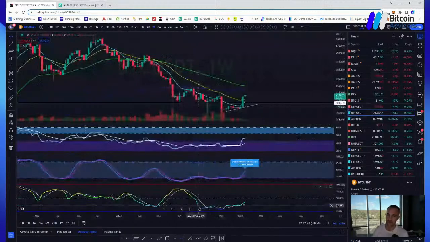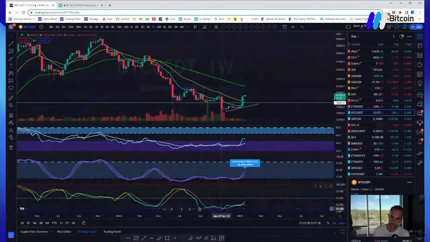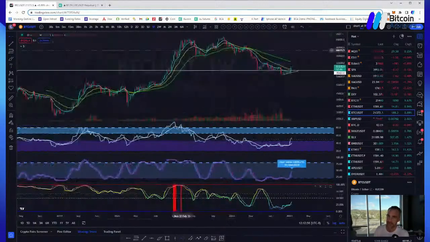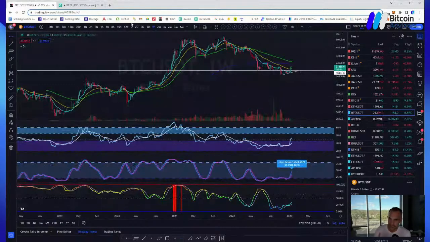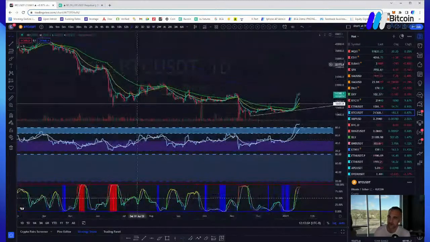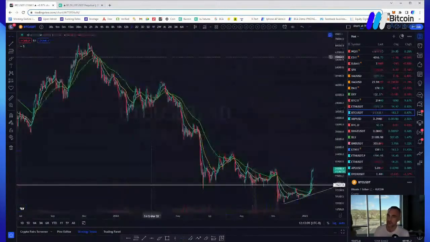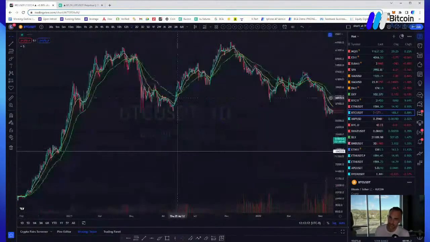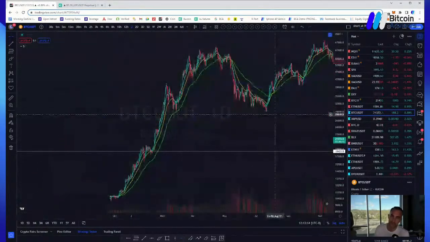And we just came out of an extremely low volatility read telling us, hey, a macro move is about to take place. And lastly, the last thing I want to see on a macro trend reversal would be a golden cross on the daily time frame. So not as powerful as the weekly, but it has been quite powerful.